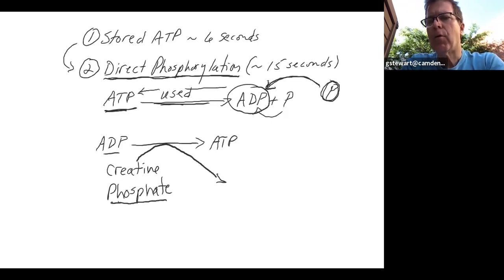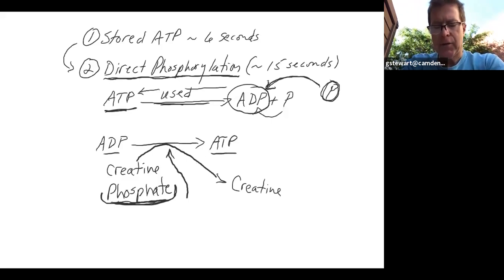So if we borrow or steal this phosphate from creatine phosphate, we're going to end up with just plain creatine, because we steal this phosphate to form this. Now we have creatine and ATP, but there's an enzyme that makes this all happen, and it's called creatine kinase.